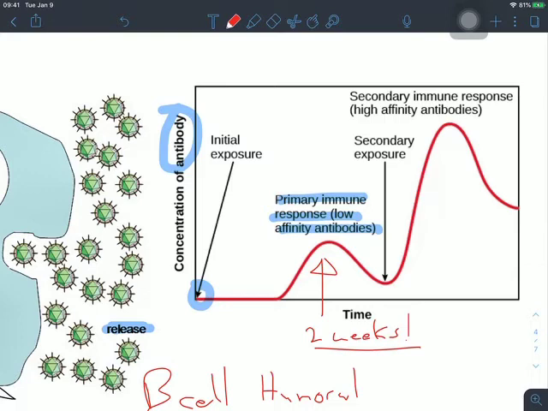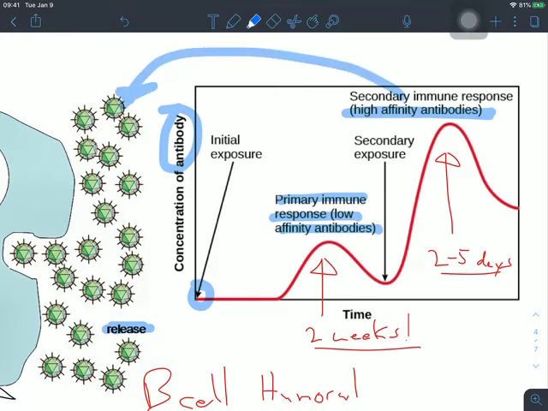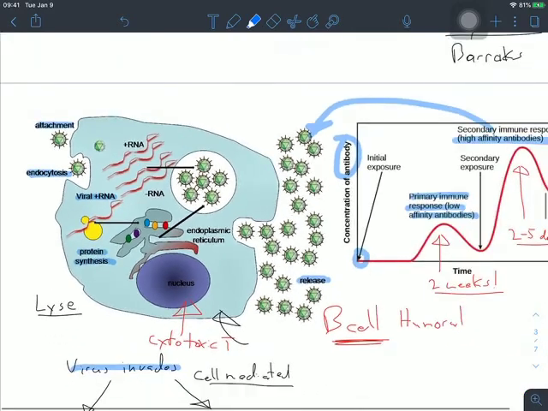In a secondary immune response, you've already learned what is most effective to kill the disease, and rather than being sick for 2 weeks, you can be sick for something like 2 to 5 days, because you already have high affinity antibodies on tap, ready to kill this free-floating virus that's all around your body. Yes, it got back in, but we know the weapons to kill it.